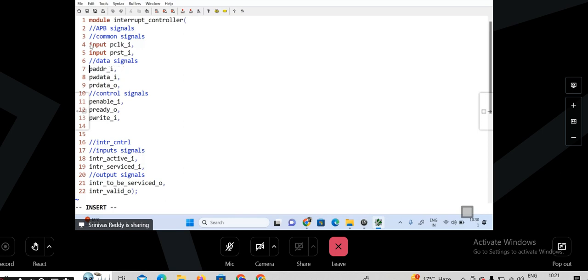These are the inputs. Do you understand? So how many signals in total? 1, 2, 3, 4, 5, 6.